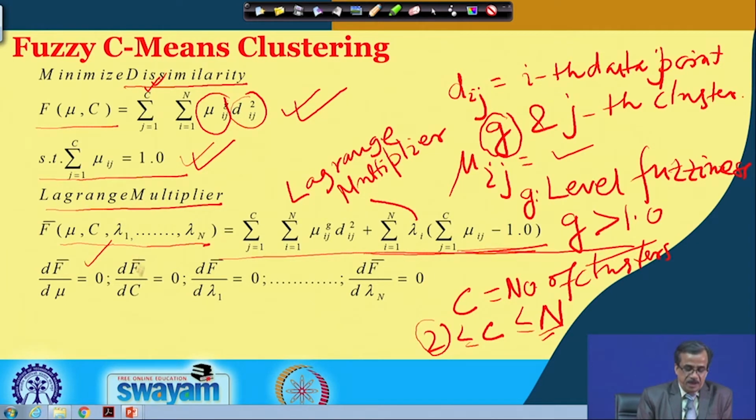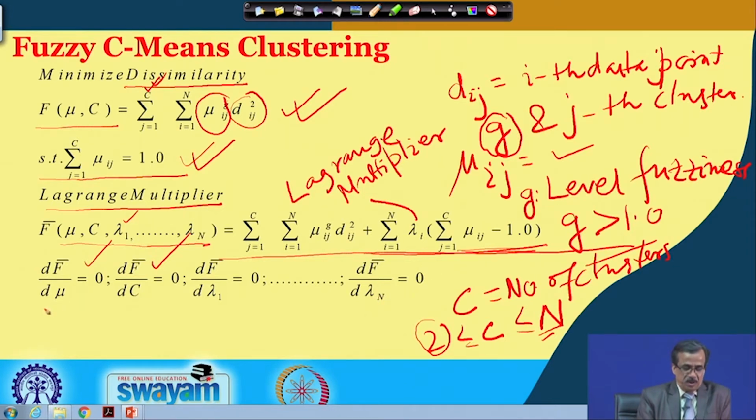Then the derivative of f bar with respect to c, put equal to 0. Then the derivative of f bar with respect to your Lagrange multiplier lambda 1, put equal to 0. Then we write with respect to lambda 2, and the last is d f bar d lambda n, and you put equal to 0.